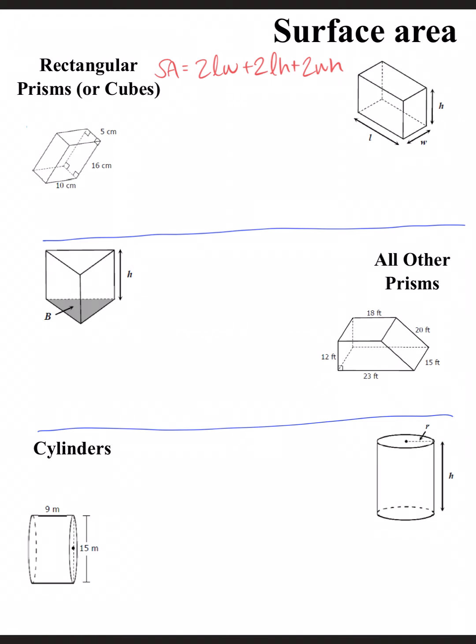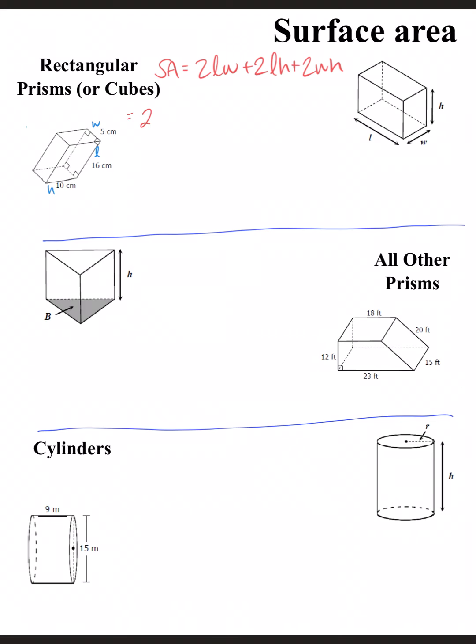Now let's look at this example. It is not that big of a deal which sides we label length, width, and height. In this particular example, we've got a width of 5 centimeters, length of 16, height of 10. So we're just plugging in those.